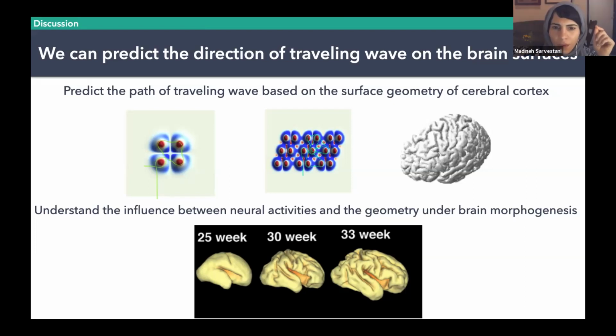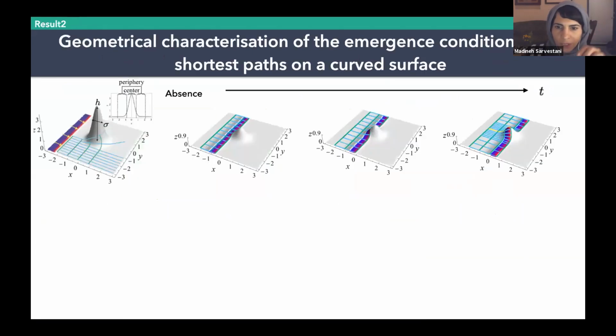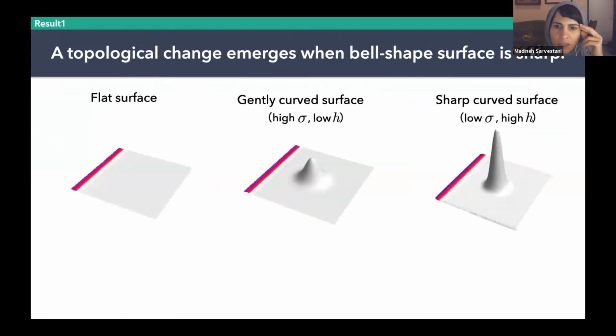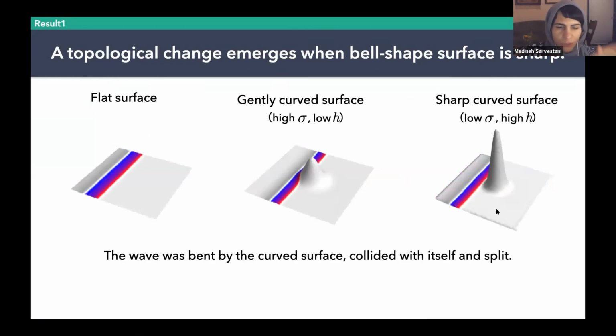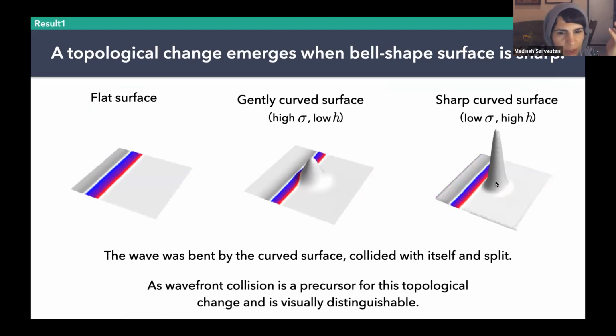I see. Okay, and then can you go back a few slides to where you had the bifurcation from the very sharp peak? Yeah, this one. So where the pattern actually bifurcates and splits off, they go two different directions. I mean, that seems like that would have functional consequences.